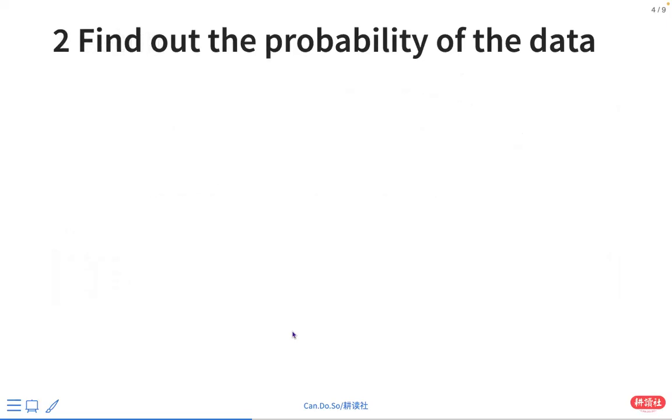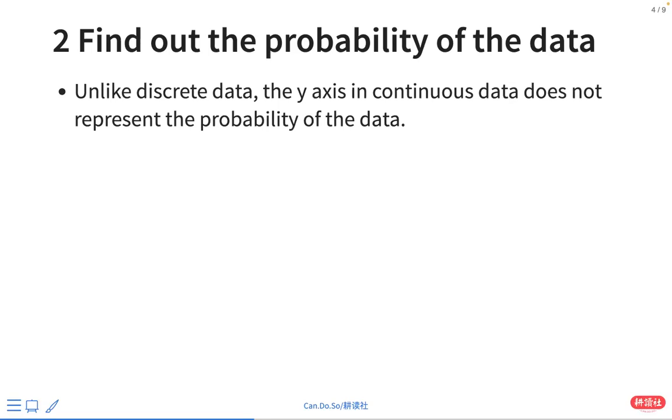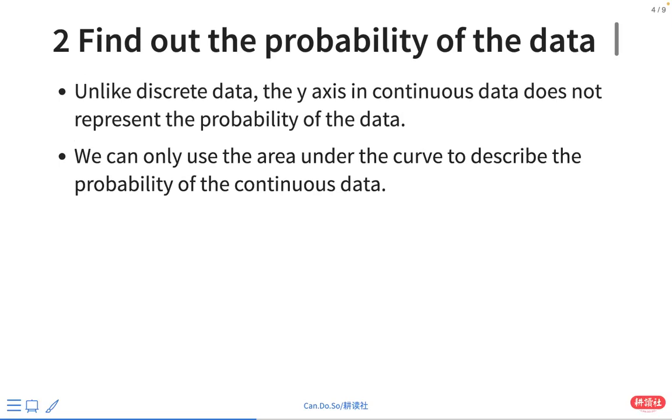First, we can use normal distribution to find out the probability of the data. Unlike discrete data, the y-axis is continuous and does not represent the probability of the data. So at a single point, it does not make sense to calculate the probability, because that's 0.